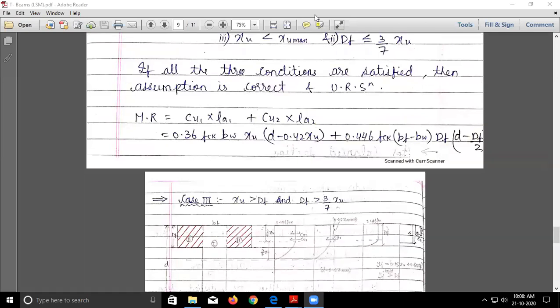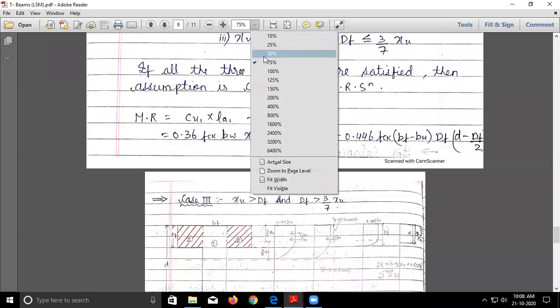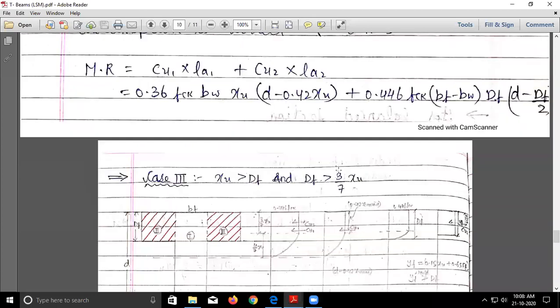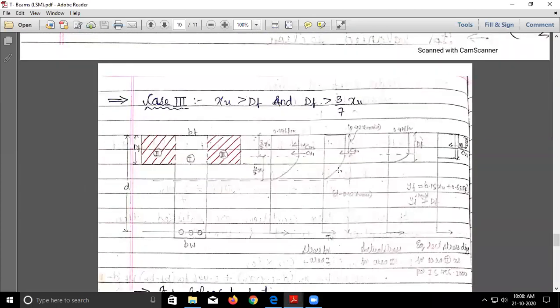Again, a very interesting case. The third case is nothing but XU is greater than DF and DF is greater than 3/7 XU. So let us understand this third case. XU is greater than DF. Here you can see this is my total XU, and it is greater than DF, no doubt. Then DF is greater than 3/7 XU.